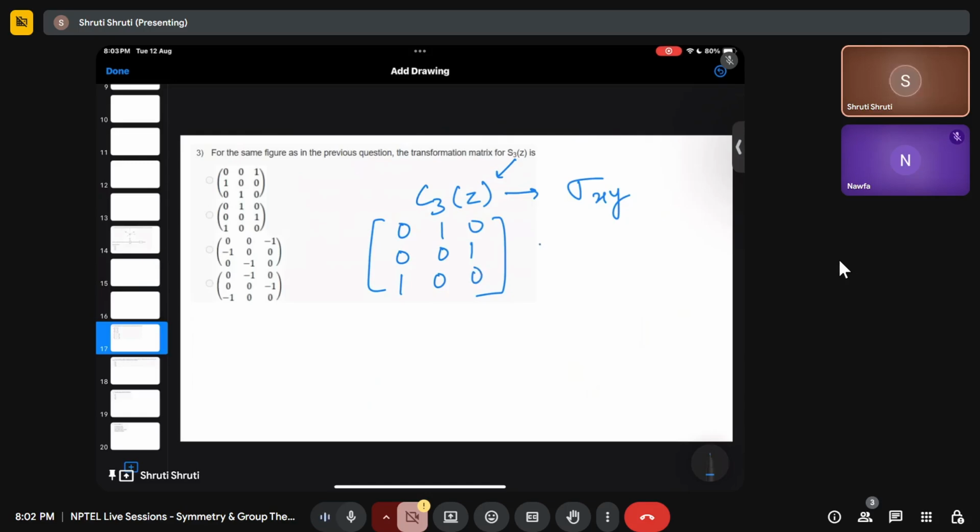This one, and then whatever is the answer, you multiply it with sigma xy, means z remains constant. Sorry, z changes place, xy remain constant. So it will be answer D.